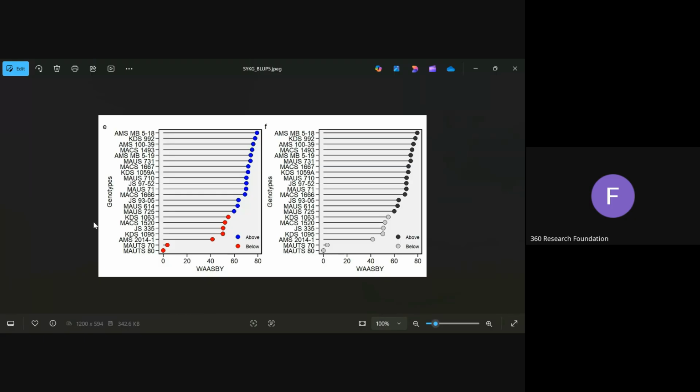I told him, so he is reliable. He is a reliable person, we can rely on him. So in that way, the error bars in this WAAS model are showing the reliability of genotypes across the environments.